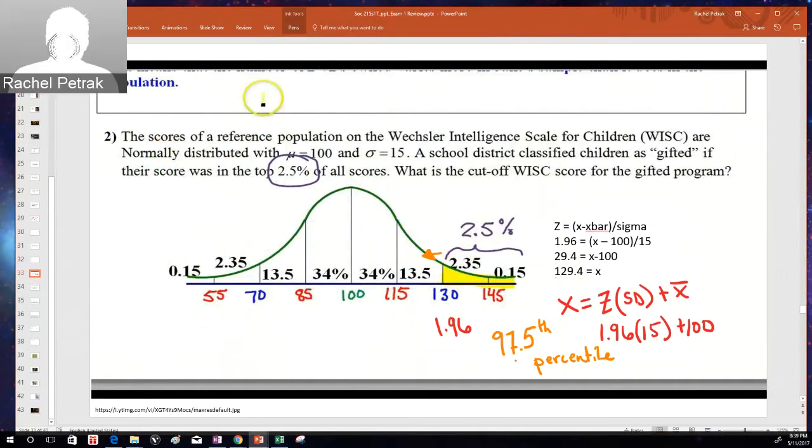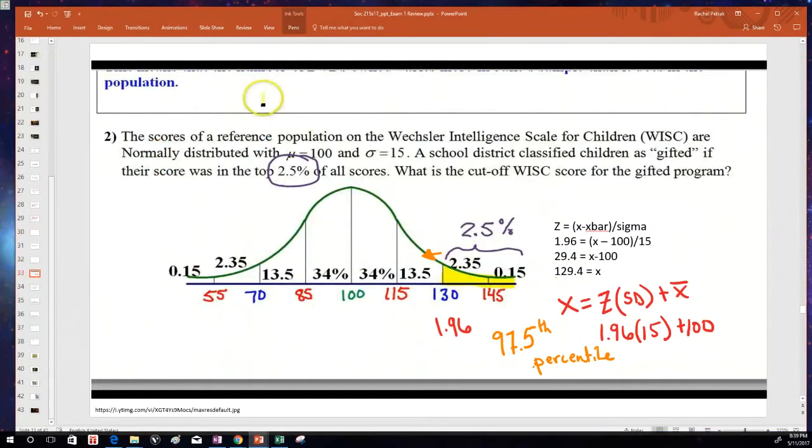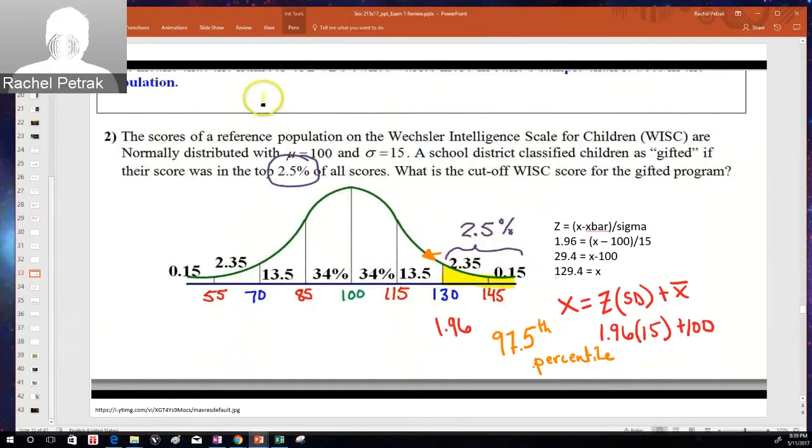We usually speak of percentiles as whole numbers, the 97th percentile, the 98th percentile, but it's always better to be precise. If the data you have says this is 97.5, then stick with what you've got.